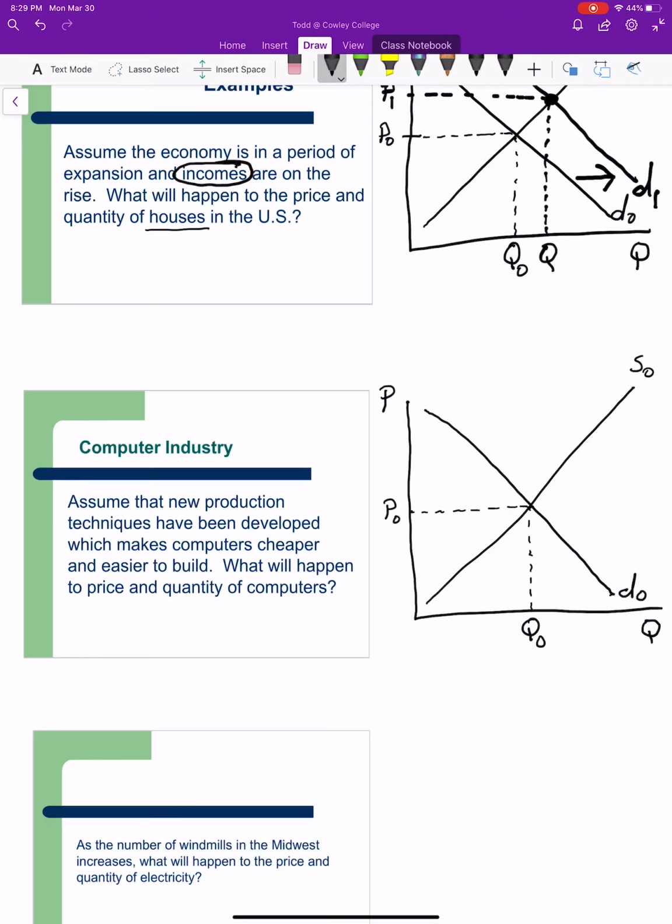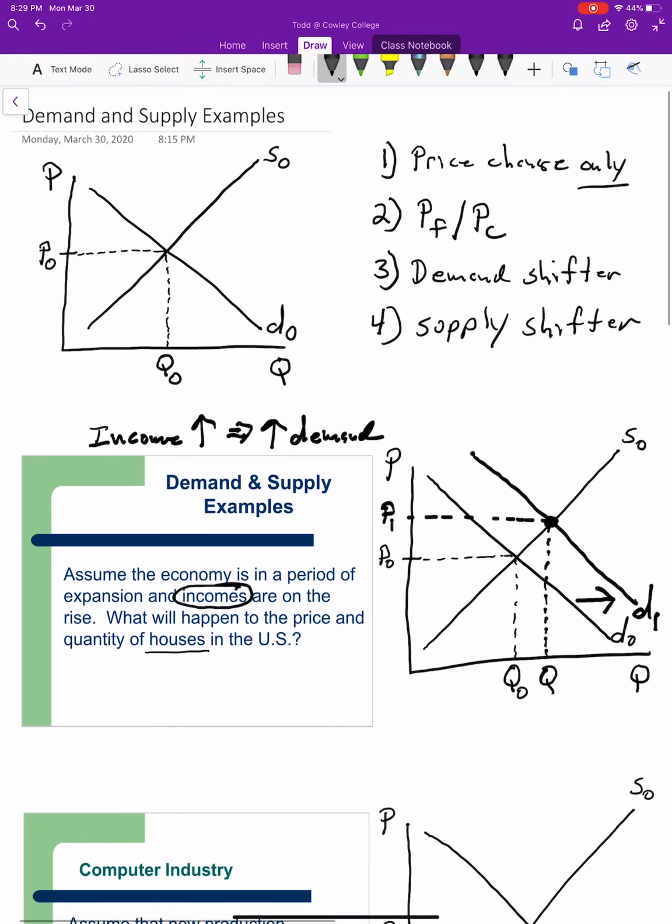According to this, assume that new production techniques have been developed which makes computers cheaper and easier to build. What will happen to price and quantity of computers? All right, again, if you go back up here, we didn't mention anything about the price being above or below equilibrium, and we didn't mention anything about price floors or price ceilings.